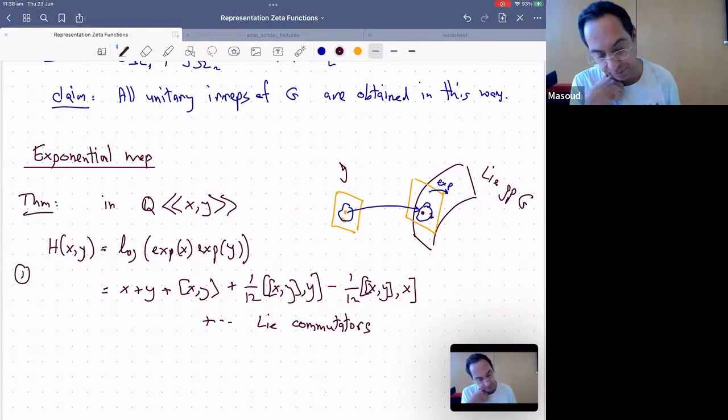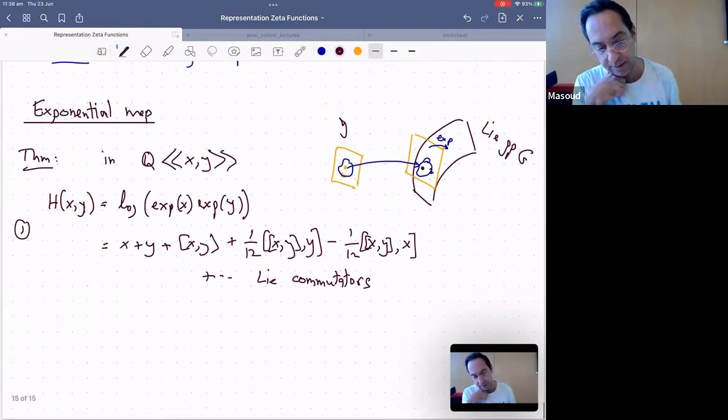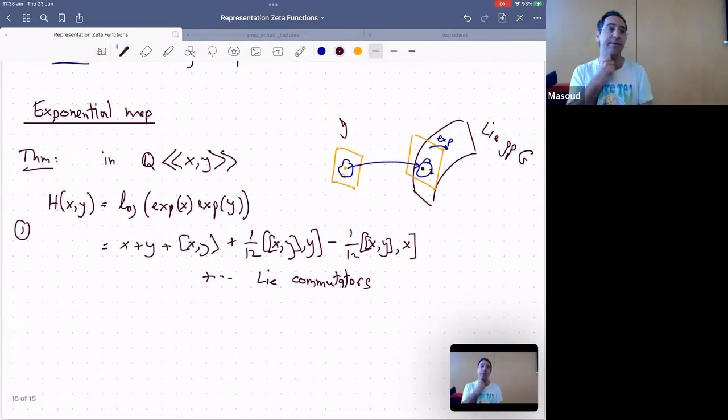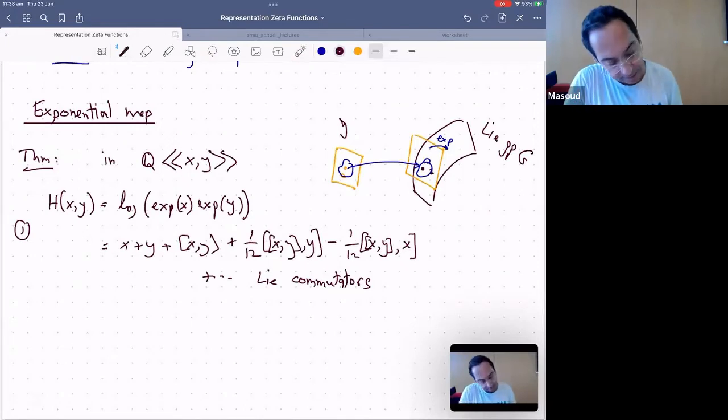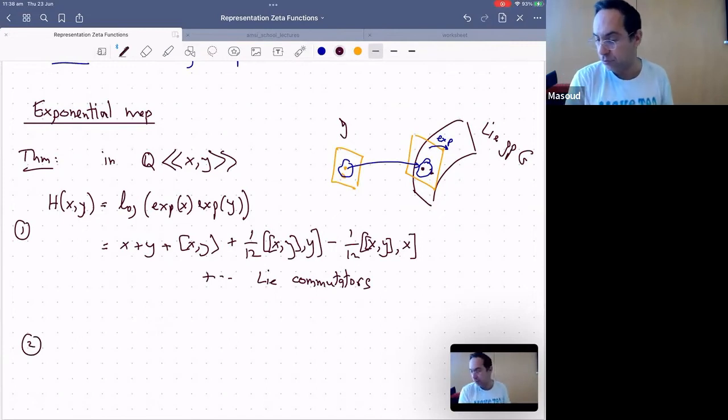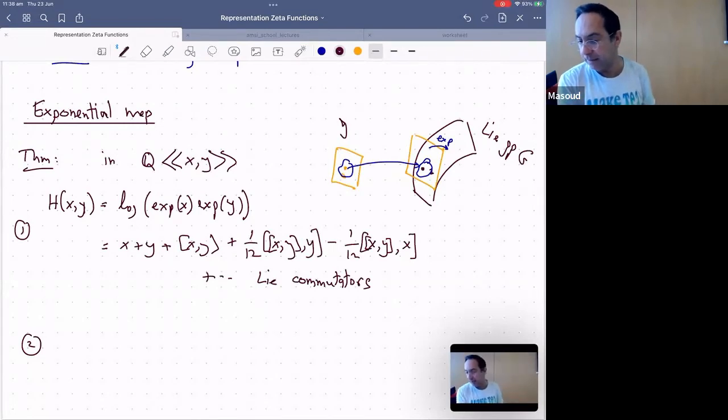That's the first part, which in a first course on Lie algebras and Lie groups you probably see only. The second part is something which you don't usually see if you're not interested in p-adic or in finite groups. And that's kind of the extra miracle that you see with the exponential map. It says the following.